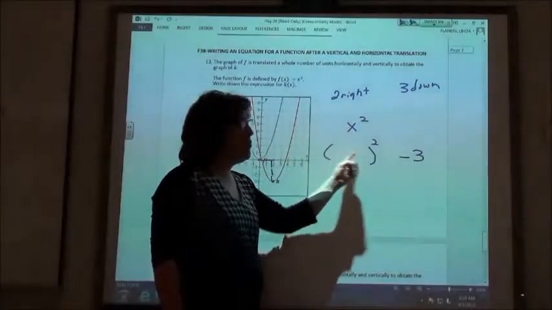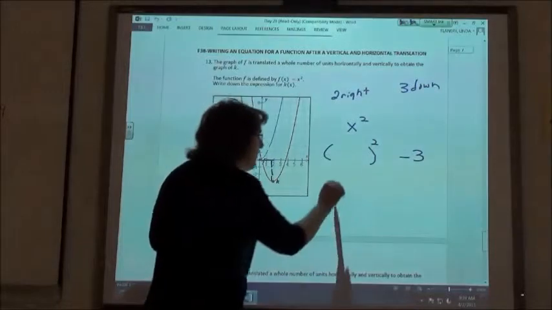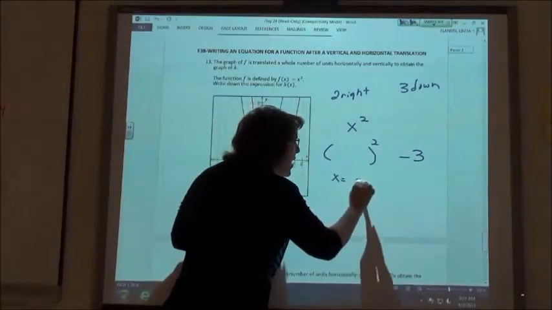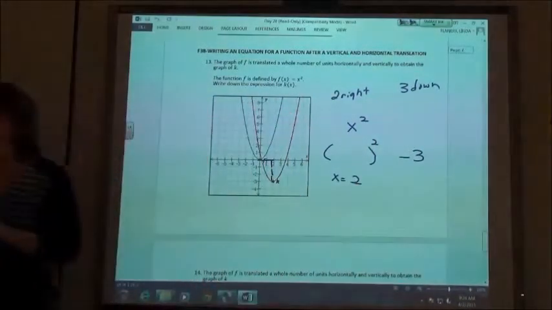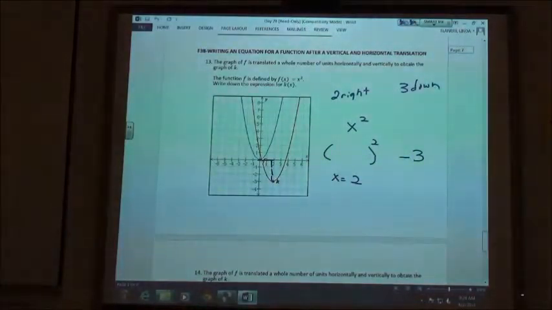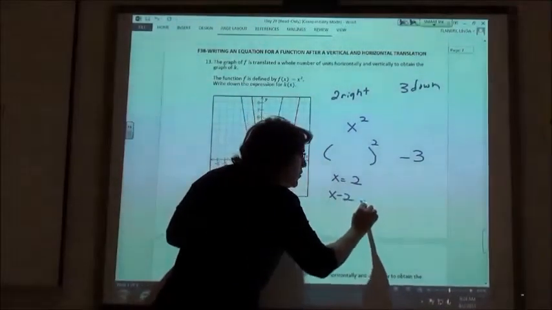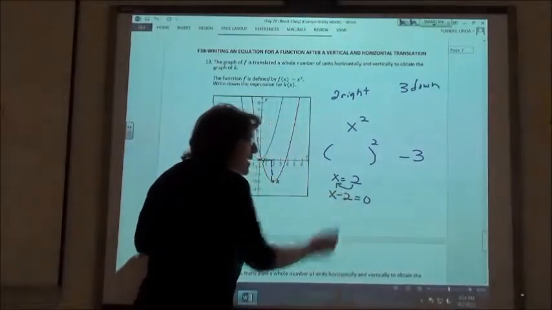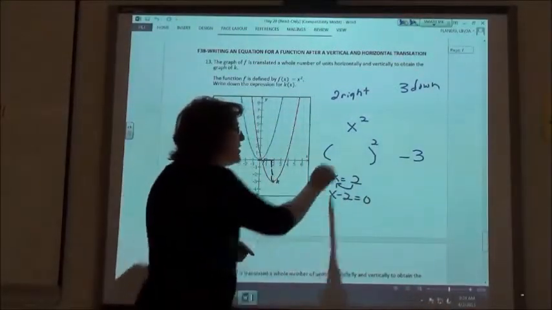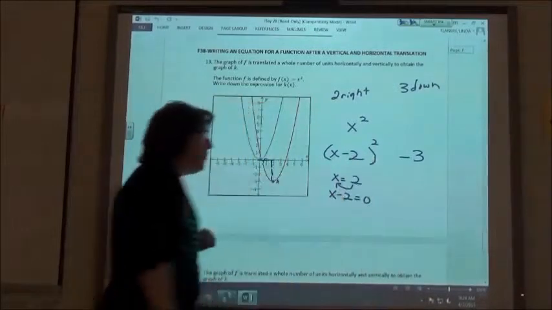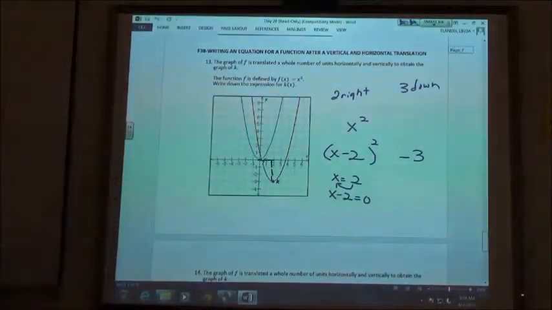Now, if I want to do the x part of it, if I want to move 2 to the right, then x has to equal 2, right? But in order to put it in my parentheses, I need to move that number over. Remember, we moved the number over? So this would have really been x minus 2 equals 0 if I moved it back over here, which meant in the parentheses, that would have been x minus 2.